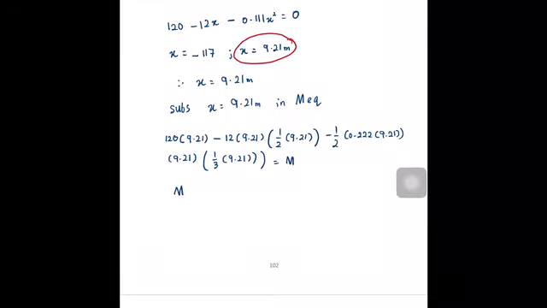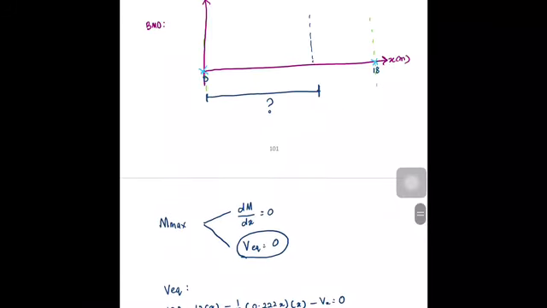So your maximum moment is equal to 567.35 kilonewton meter. Okay, now you have the maximum moment value, and then plot this one.